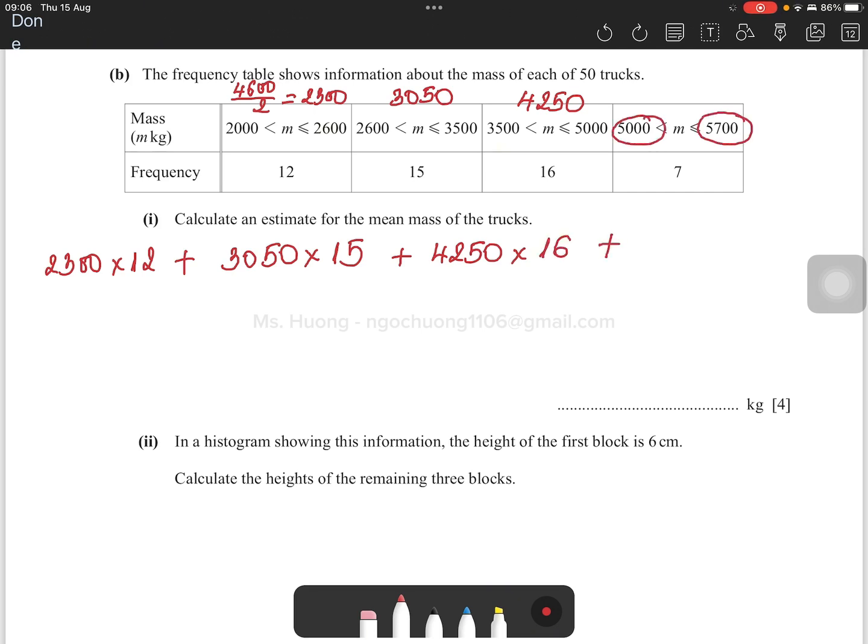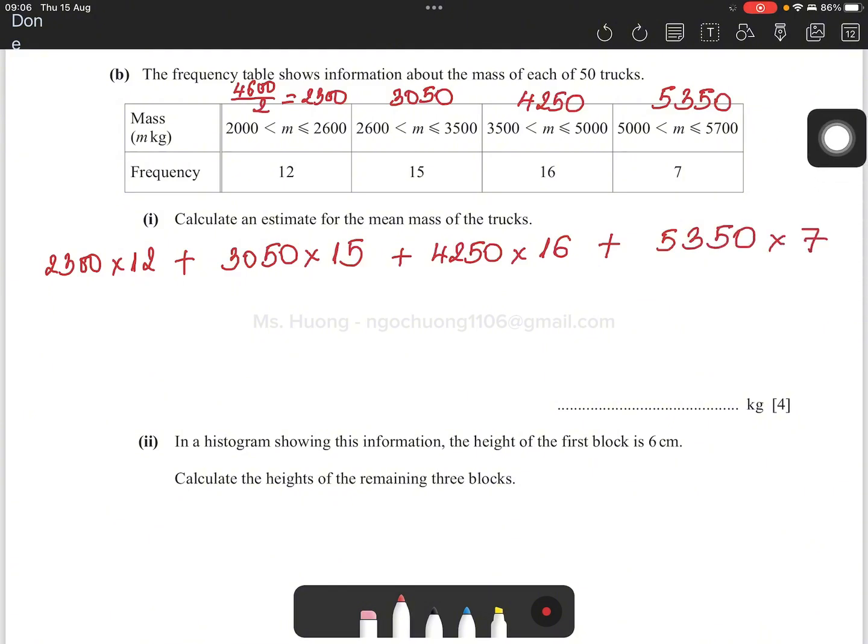Finally, 5,000 plus 5,700 is 10,700. 10,700 divided by 2 is 5,350. So we multiply 5,350 by the frequency 7.